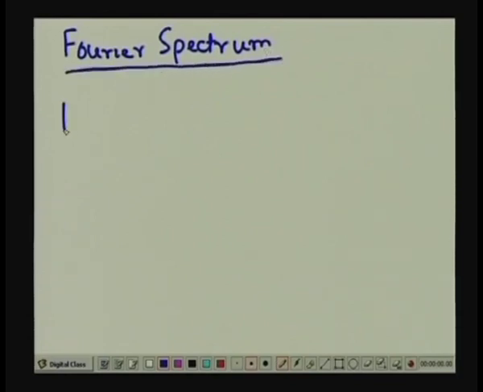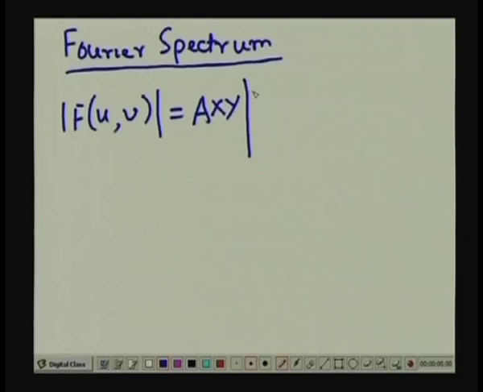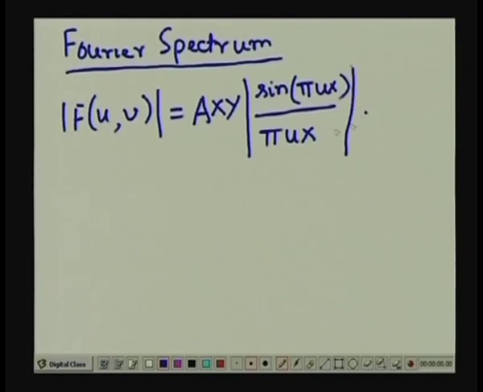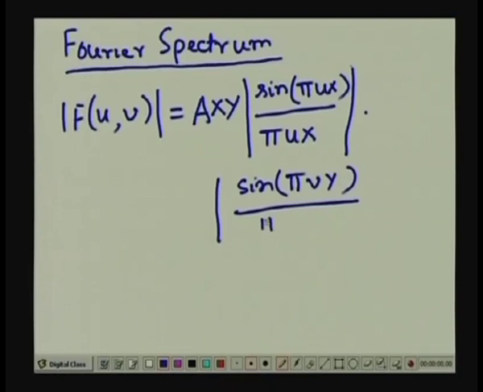So, the Fourier spectrum, that is the modulus of F(u, v), will be given by A capital X capital Y into sin pi u X upon pi u X into sin pi v Y upon pi v Y. So, this is the Fourier spectrum of the Fourier transformation that we have got.